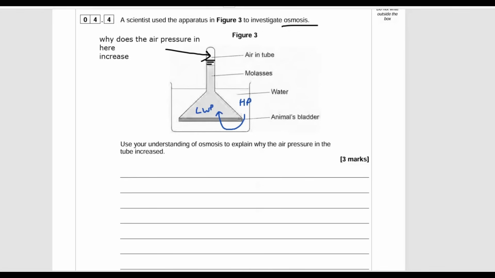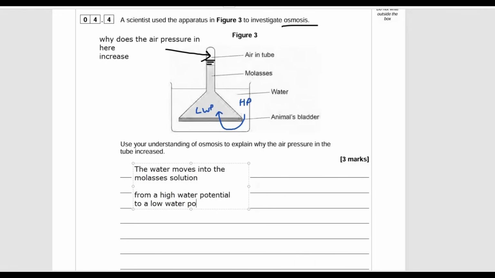Let's put that in words for you, and then we can go. Right, so the water moves into the molasses solution from, let's say, first of all, a high water potential. Well, you can say a less negative, but we're going to go from a high water potential to a low water potential across the animal bladder, which is a partially permeable membrane.